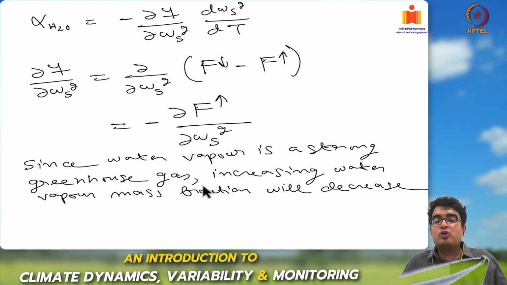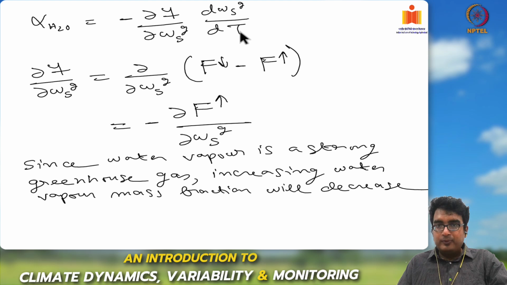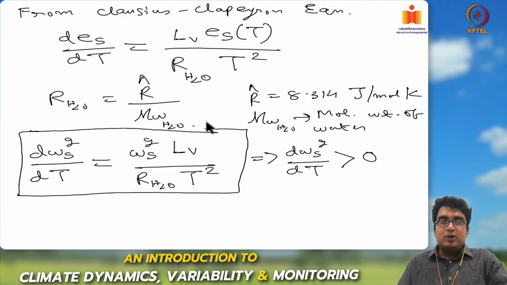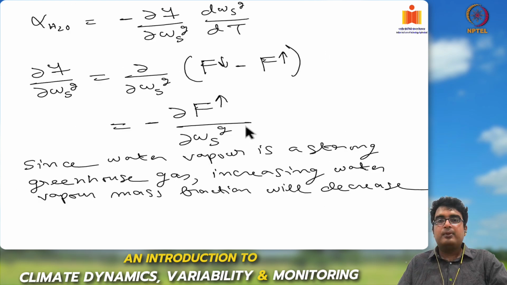Anyways, let us go back to our water vapor feedback parameter alpha_H2O. This becomes minus del F by del omega_sg into d omega_sg dT. And we have expressed d omega_sg dT as this term here, which is a positive term. What is del F by del omega_sg?